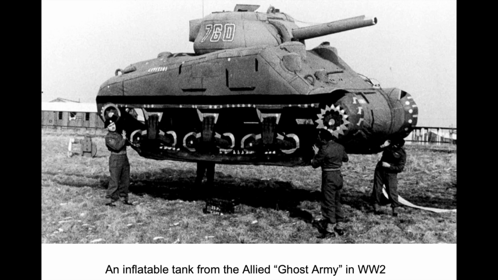This one that you're looking at right here, the other way that the Ghost Army worked was to actually create objects. If you remember the movie Saving Private Ryan about the invasion of Normandy on D-Day, one of the big backstories is that the Allied forces were trying to get the Germans to believe that the invasion was going to take place about 100 miles further north or so.